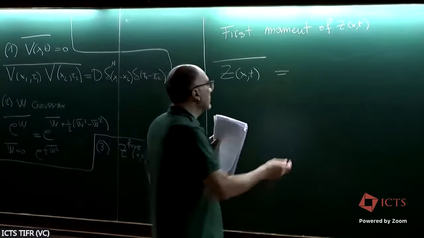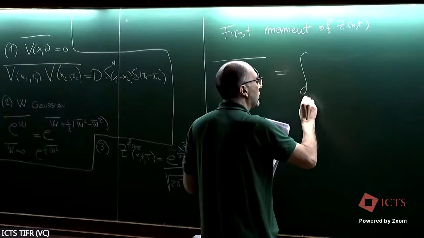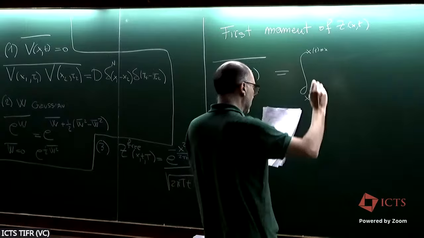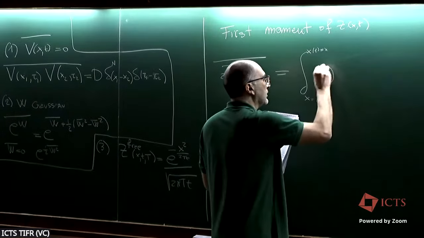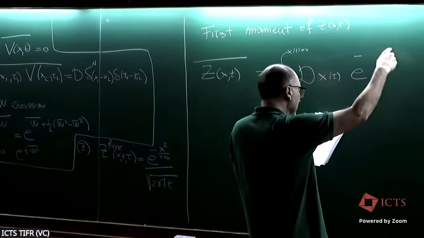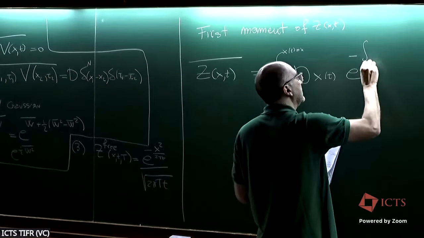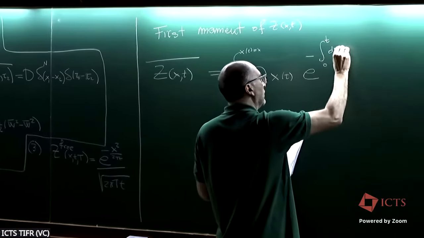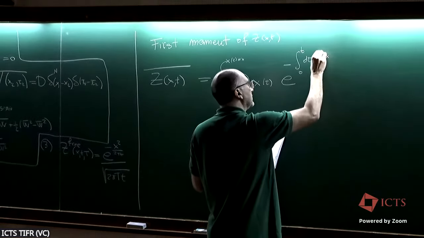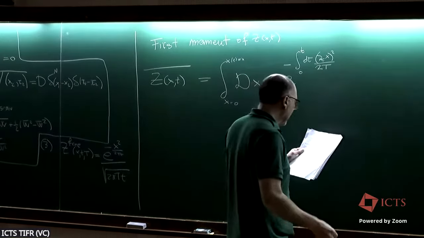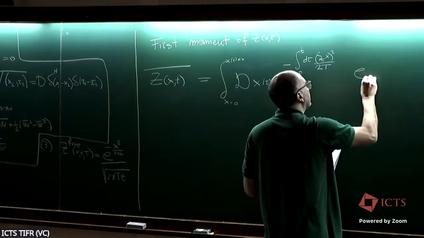And so at the beginning, we have our integral over paths from 0 to x_t equal x, dx(tau), exponential. So we have the kinetic part, which is disorder independent, integral d tau of x dot squared divided by 2t. And then all the disorder is here.